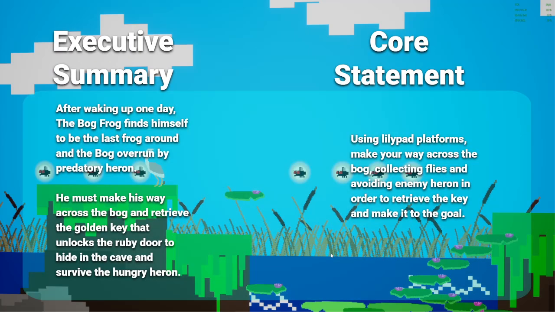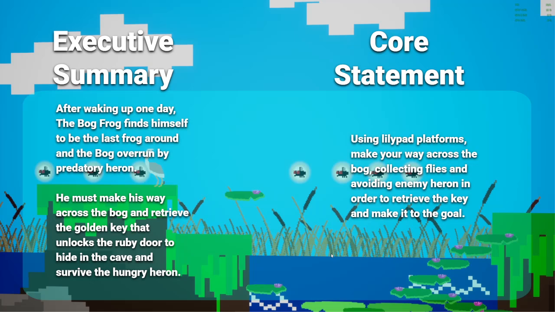So as you can kind of tell already, the theme of the game is about a frog who is in the bog. Real quickly, the executive summary. After waking up one day, the bog frog finds himself to be the last frog in the bog.